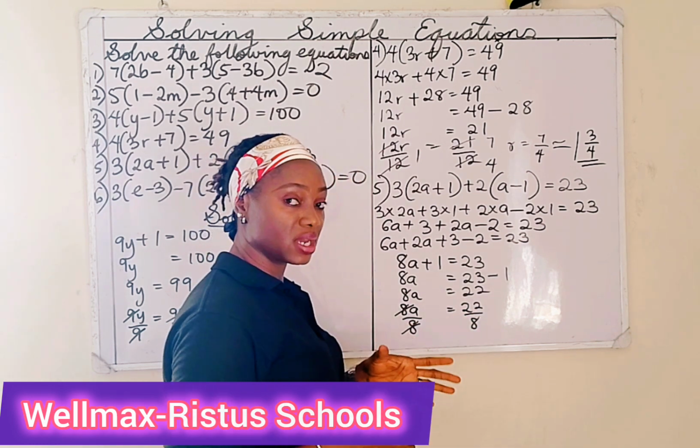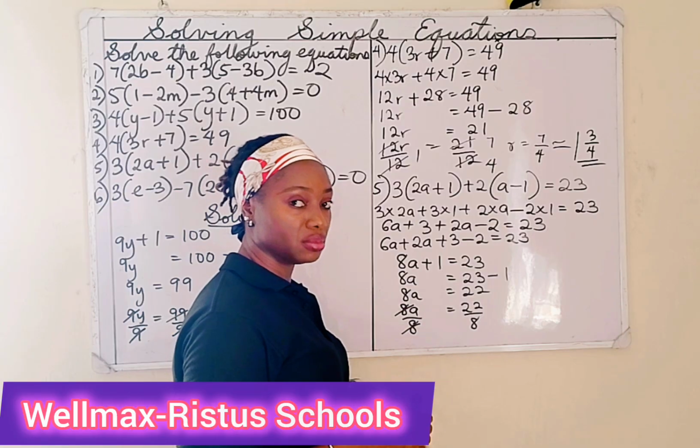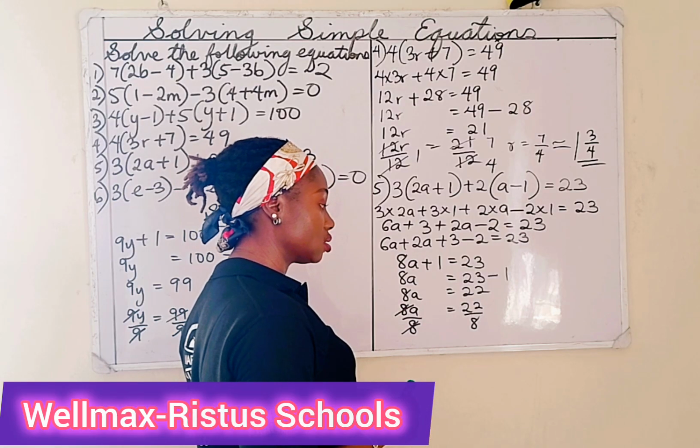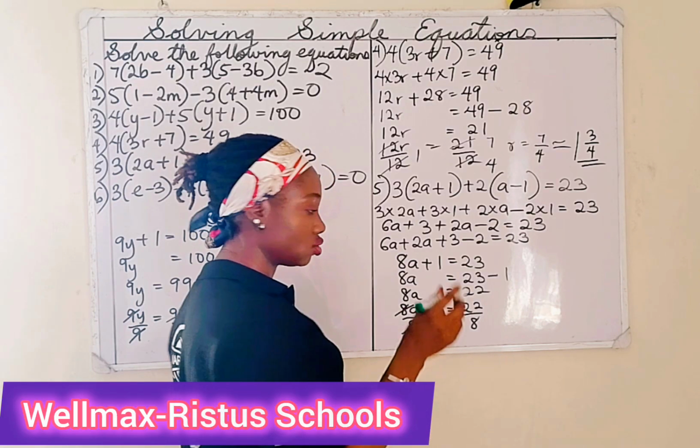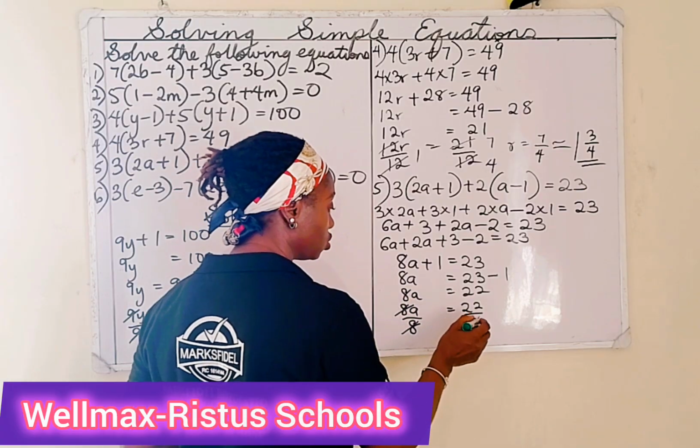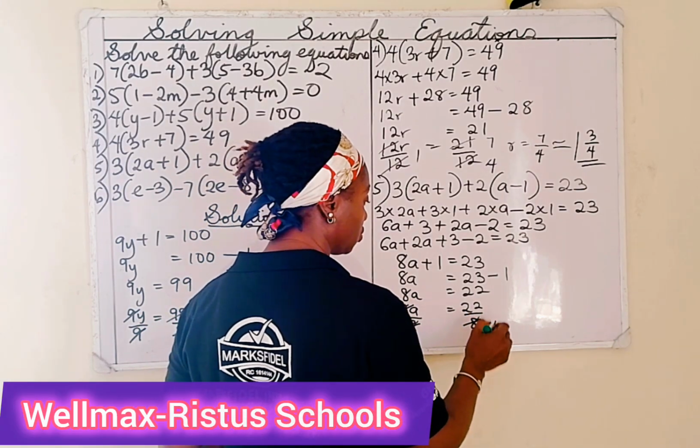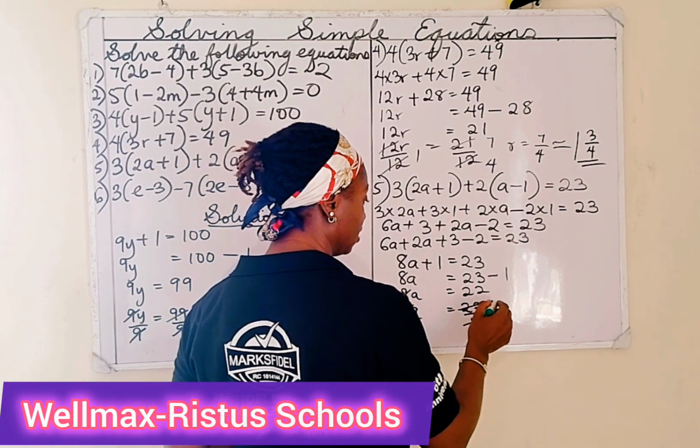So we're going to use a number that can divide both the numerator and the denominator. And that number is 2. 2 can go into 8 and also into 22. 2 into 8 will give us what? 4. And 2 into 22 gives us 11.